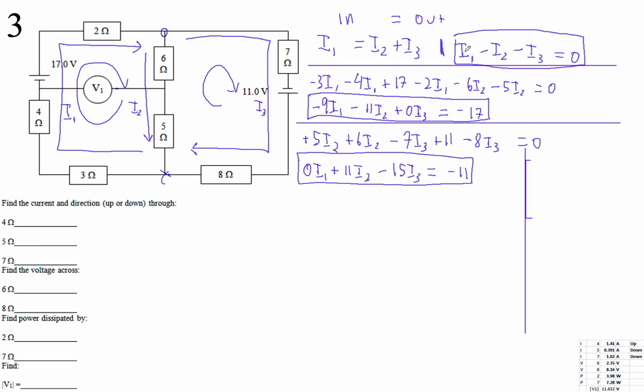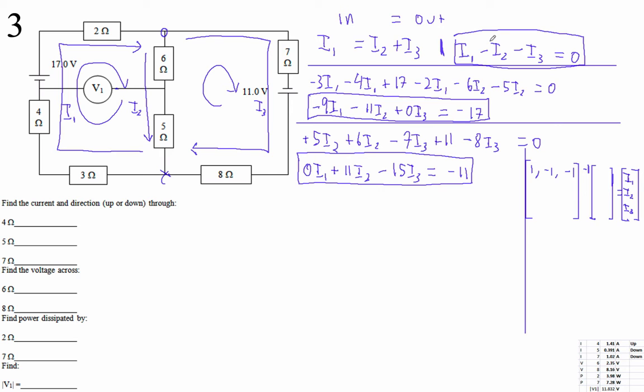So I've got 1, -1, -1, and I'm going to invert that matrix and multiply by another matrix here, and that's going to equal I1, I2, I3.